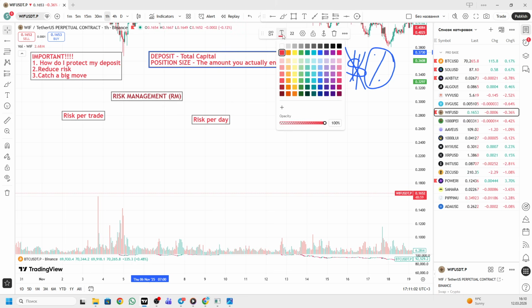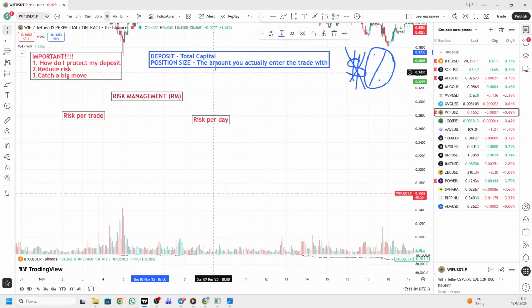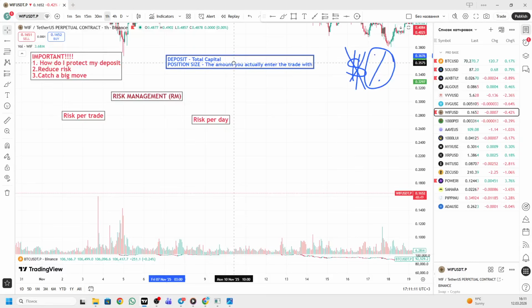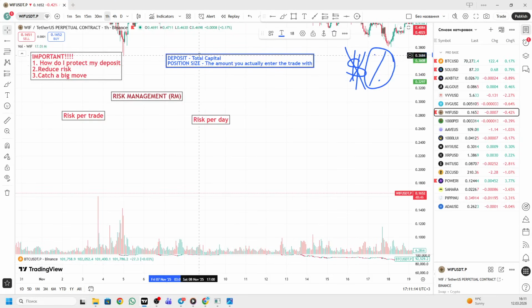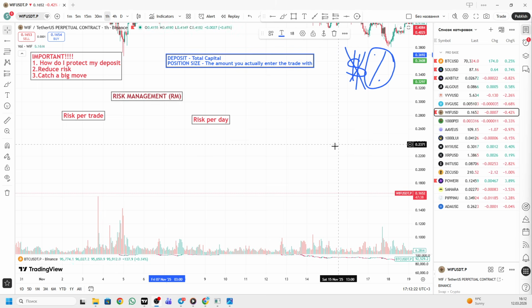So you need to understand the difference between these two things. Okay, this is an important difference. You have to know that. For example, your deposit is $100, but you enter a trade with $50. So $100 is a deposit, your total capital, and $50, which is in your position, is position size.